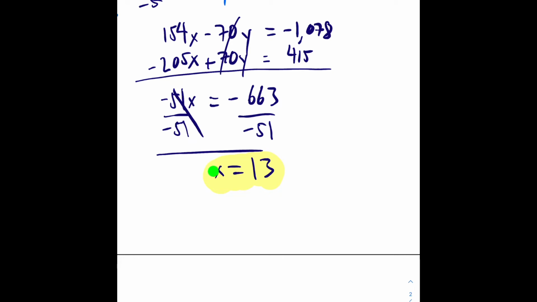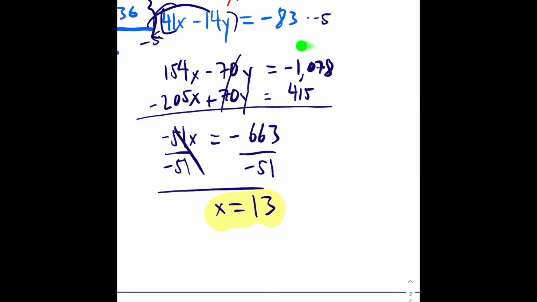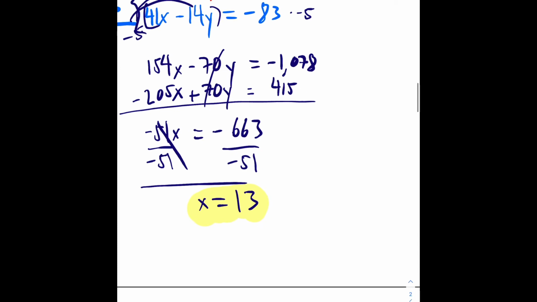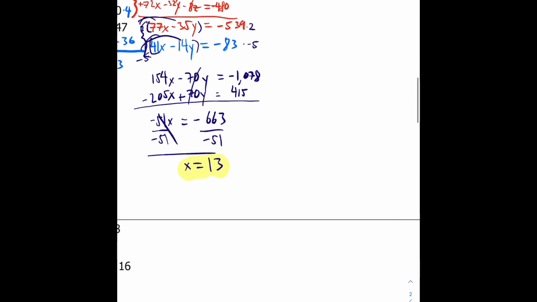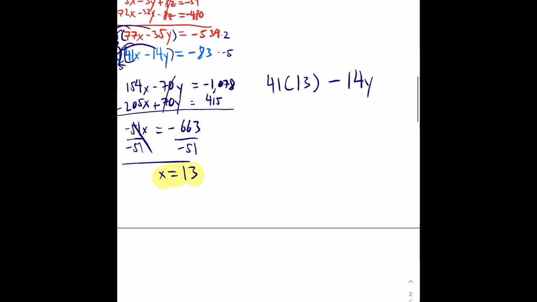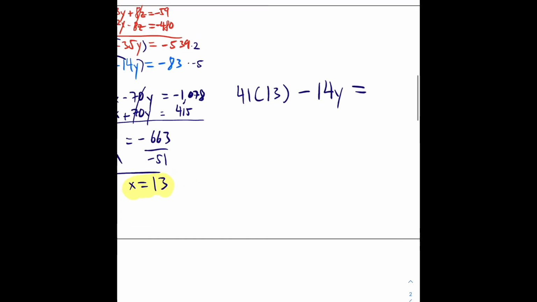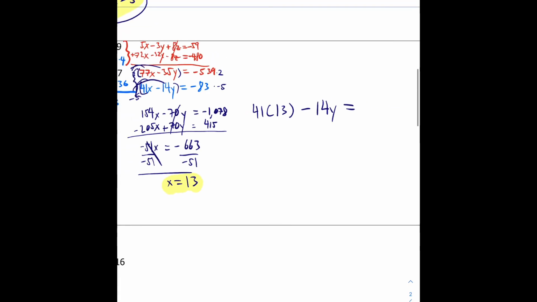I'm just going to go ahead and plug this into my original blue equation right here to get y. So I'll have 41 times 13 minus 14y equals, no, equals negative 83. Sorry, this equals negative 83. I just plugged in 13 for x here, okay?